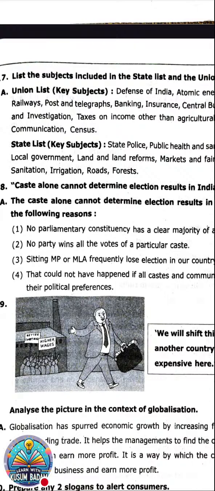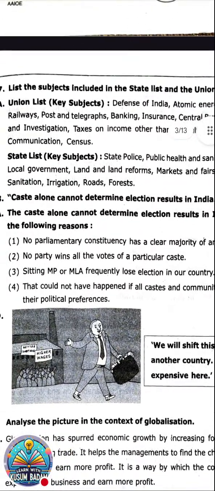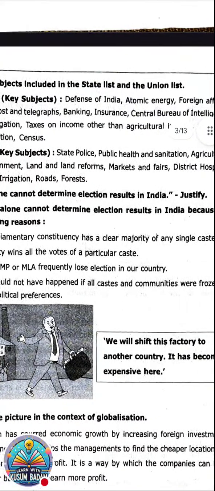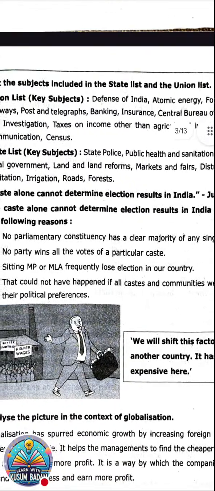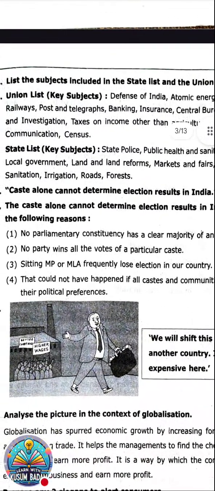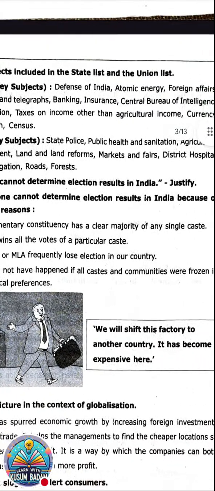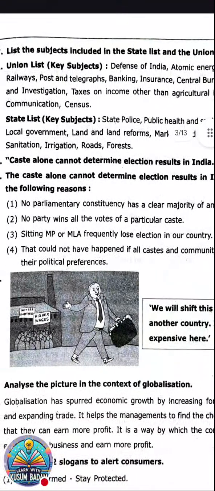Defense of India, atomic energy, foreign affairs, railways, post and telegraph, banking, insurance, Central Bureau of Intelligence and Investigation, taxes on income other than agriculture income, currency, communication, census, all this comes under the union list.